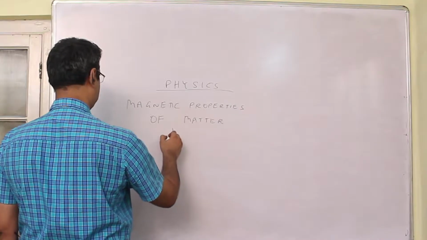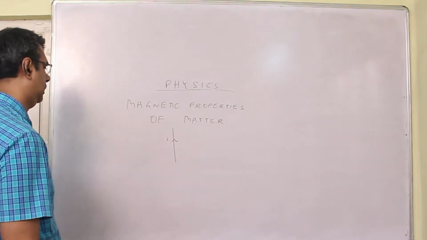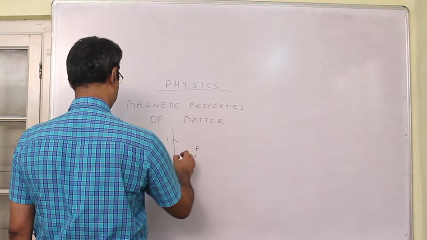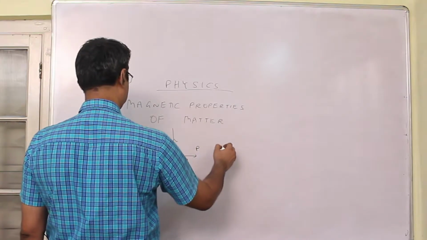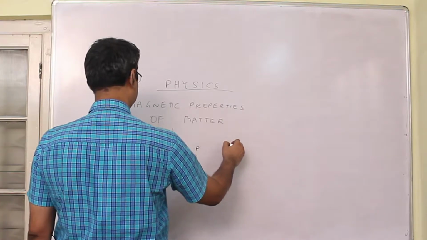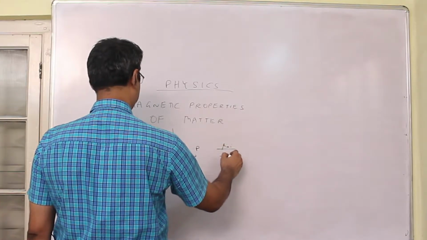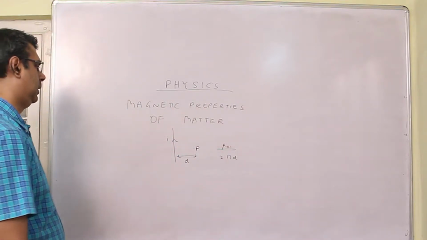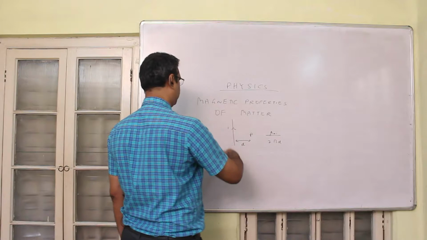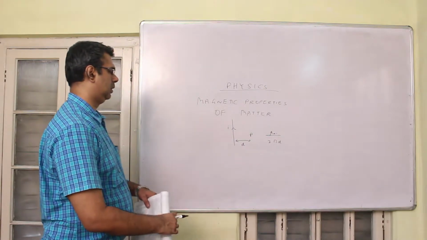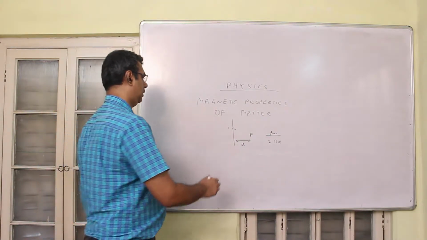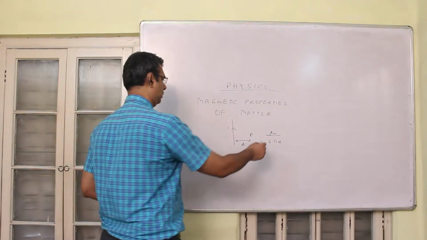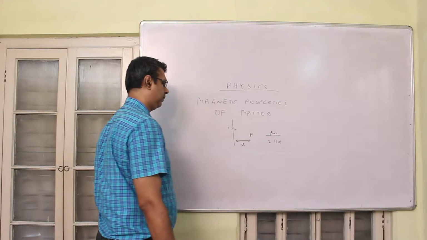Suppose there is a conductor carrying a current I, and there is a point P at a distance d from the conductor. So assuming that this entire assembly is in vacuum, and assuming this is an infinitely long conductor, the magnetic field at the point P will be equal to mu naught I by 2 pi d.